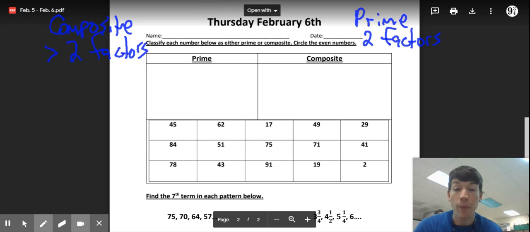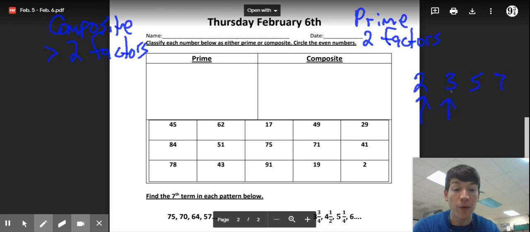Now, when we've talked about primes and composites, we've talked about an easy way to find them, which is to use the 4 prime numbers, 2, 3, 5, and 7. And we can do that as we find our prime numbers today. Now, basically 2 is multiples of 2. Any number that is a multiple of 2, except for just the number 2, is going to be a composite number because it's always going to have 1, itself, and 2. That means any even number will be composite except the number 2. Remember when we go to 3, we have that threes trick.